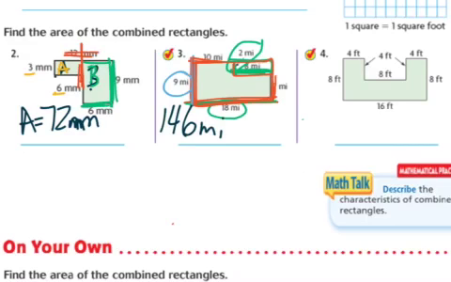I'm going to split it up into 3 pieces. I'll split it this way. And I want to show you what this looks like, because this can be tricky. If you split it this way, be careful, because you don't have a height here.